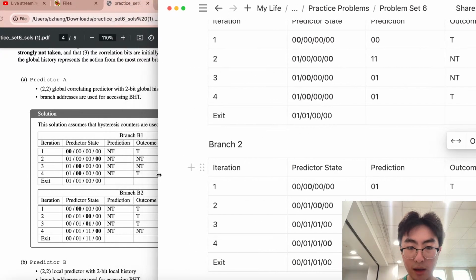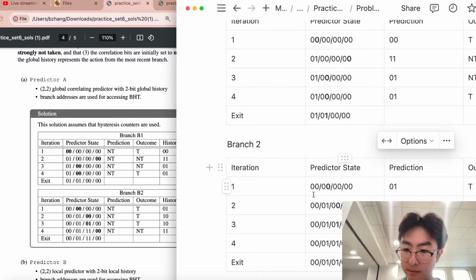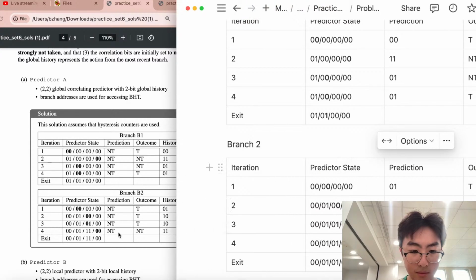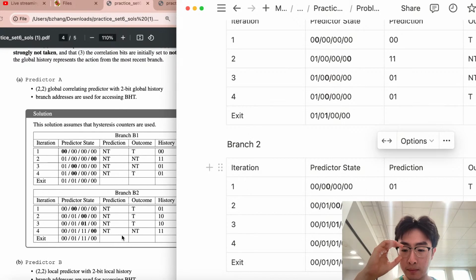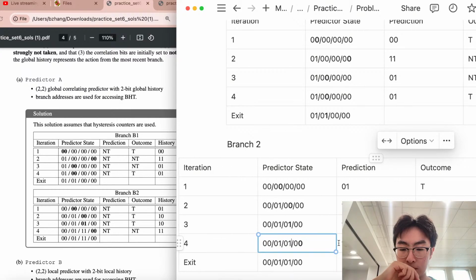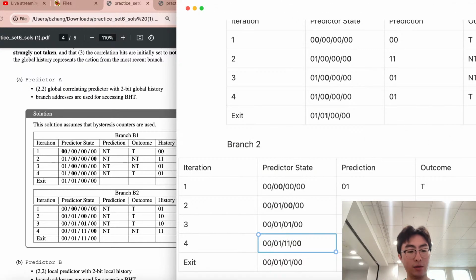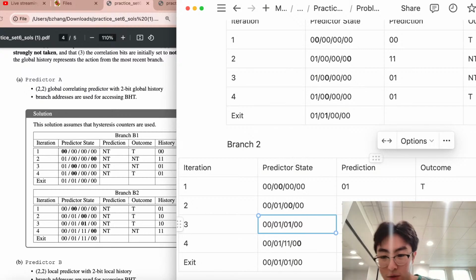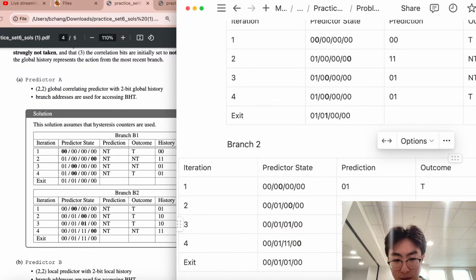So I was able to get oh, okay, we do wait. Okay, so we do need to add a 1, 1. I forgot that. Because we had 2 taken outcomes, I think.